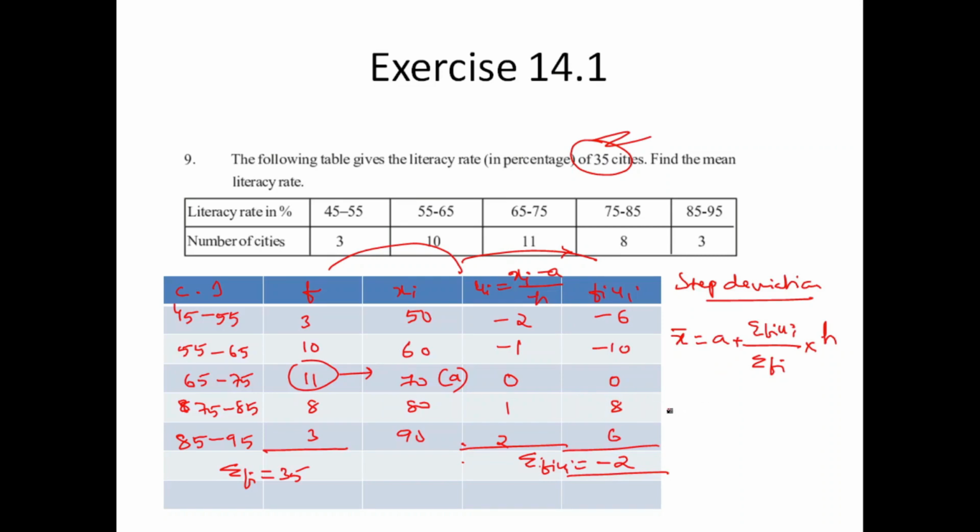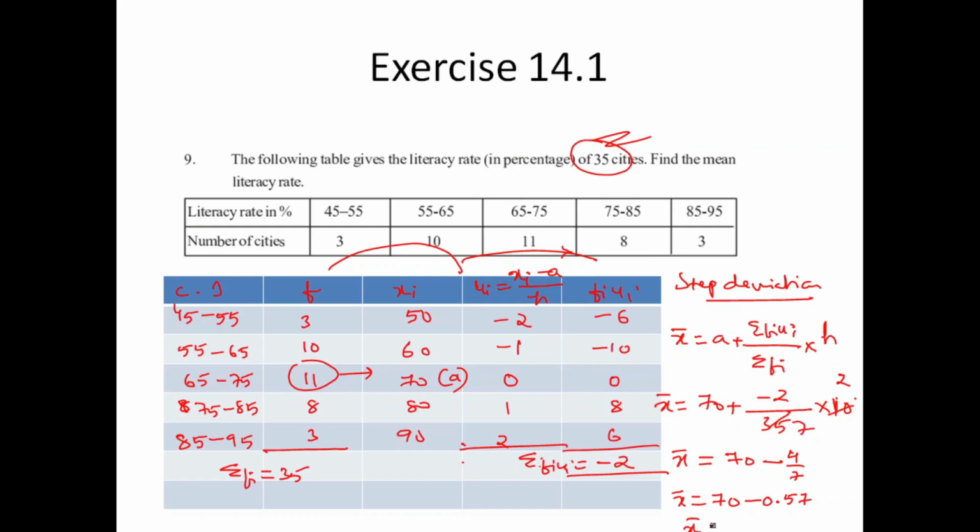What is the value of h? Okay, let me substitute everything in the formula. This is sigma of f u equal to minus 2, sigma of f is your 35, and the value of h is 10. So the difference is 10. Here I can write directly that the difference is 10. So x bar is equal to 70 plus minus 20 by 35, which is minus 0.6.